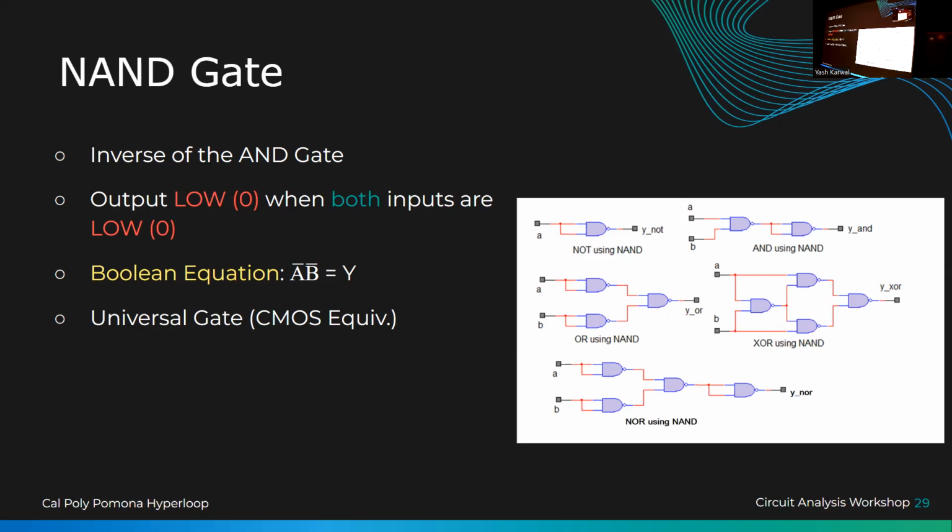Why do you use NAND gates more? Why is the NAND gate universal? There are really only two universal gates, NAND and NOR.